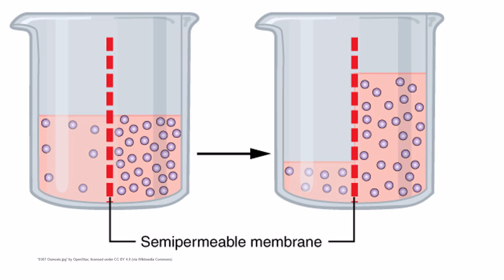This here is a little diagram that someone made to talk about osmolarity. I apologize, the file name is very small here on the slides, but it is 0307osmosis.jpg by OpenStax. In the middle, we have a membrane that lets water pass through, but it blocks electrolytes.